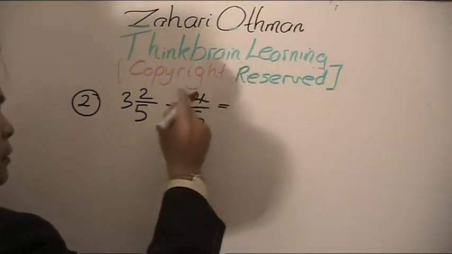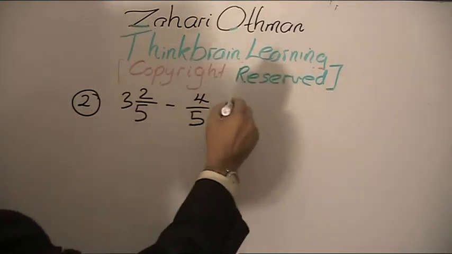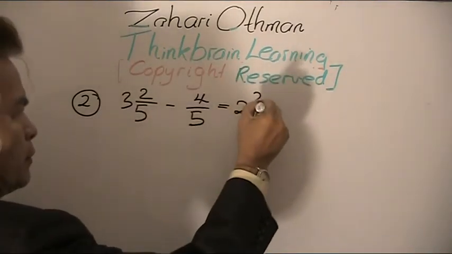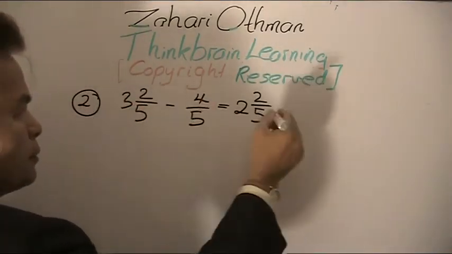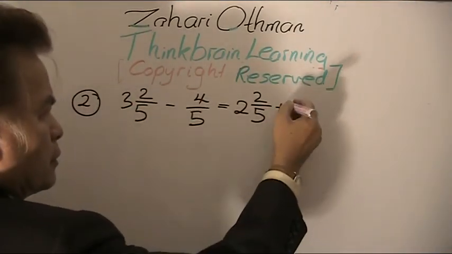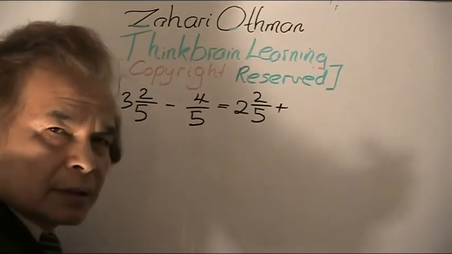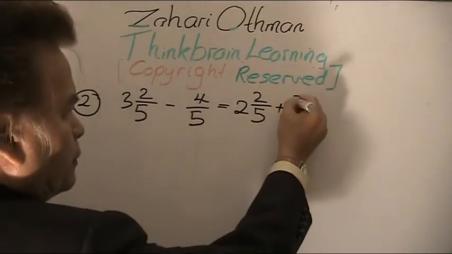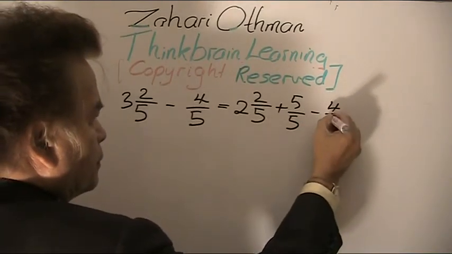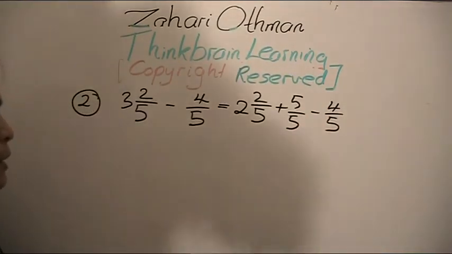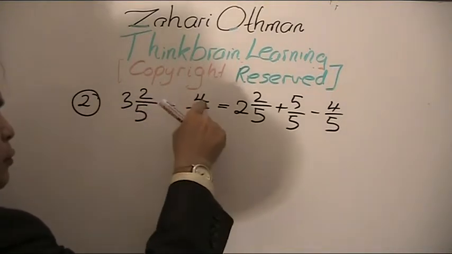If I just borrow this one, that becomes 2. 2/5, then what? Yes, plus what over what? Right, 5/5. So minus 4/5. It's because we cannot subtract 4 from 2, right?